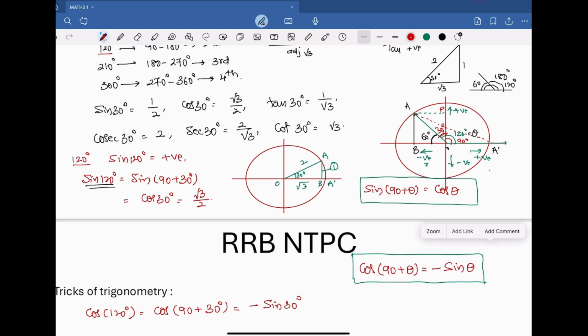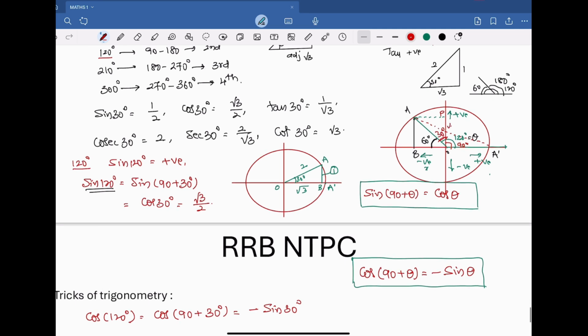Now sin 90 plus 30 is cos 30. Cos 30 means the adjacent side of this 30, that is AP, divided by the radius. Adjacent side is root 3, opposite side is 1, this is 2, so root 3 by 2.